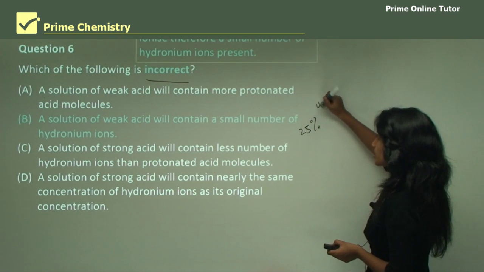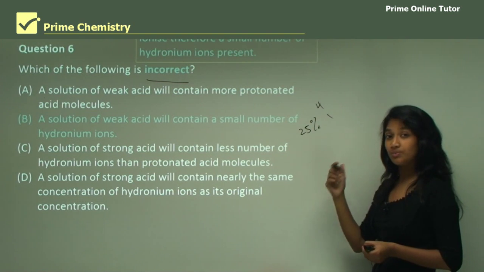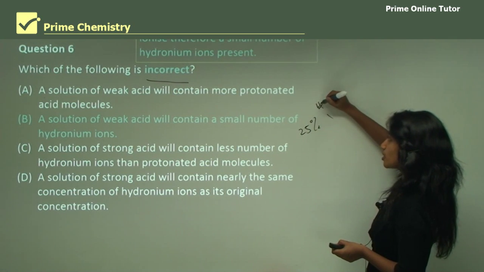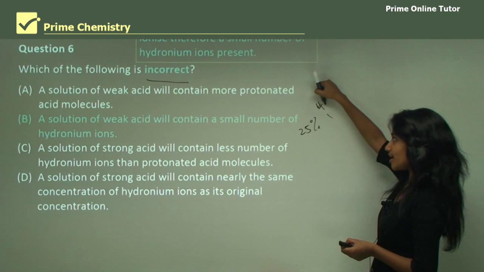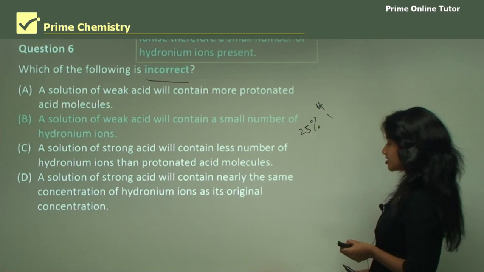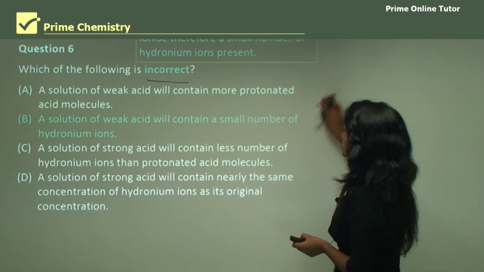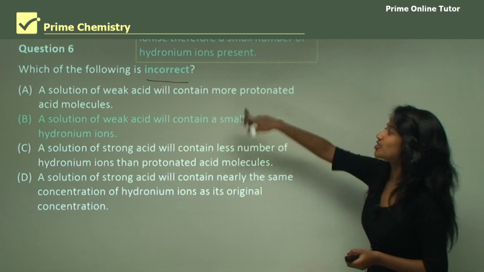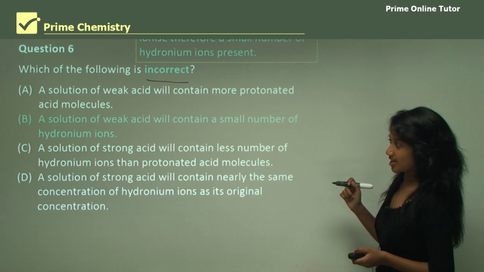So out of 4 molecules of acid, only one is going to be ionized to form a hydronium ion. So clearly that is a correct statement. In other words, it's not correct for our question here.